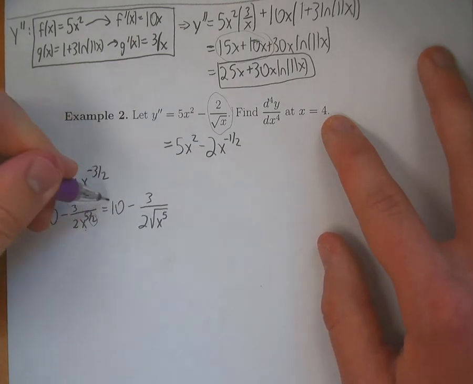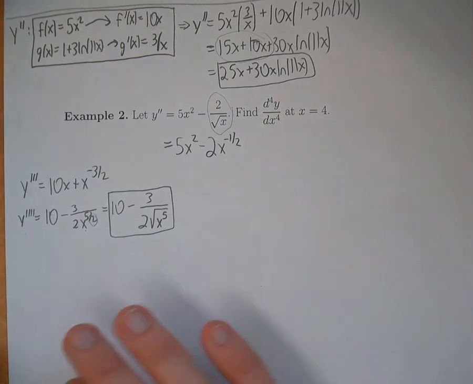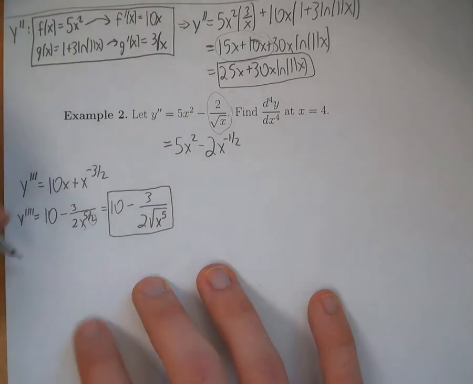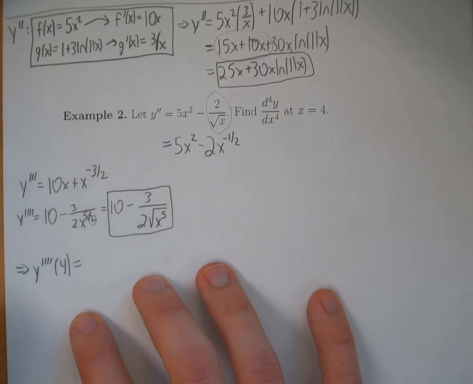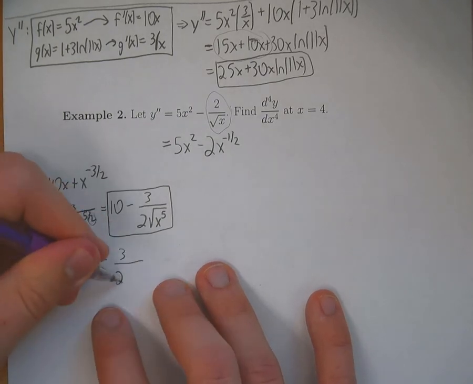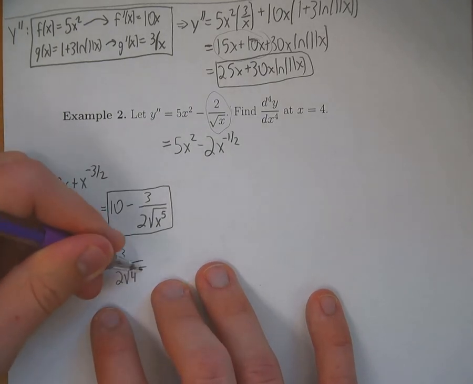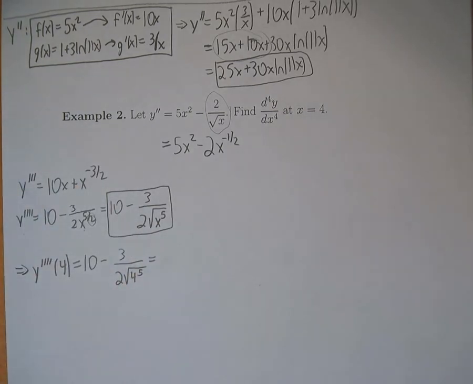So, like we said, we got our good old fourth derivative. Let's go ahead and use that to get our fourth derivative evaluated at x equals 4. So we have 10 minus 3 over 2 times the square root of 4 to the 5th. So if that's the case, what's the square root of 4 to the 5th?